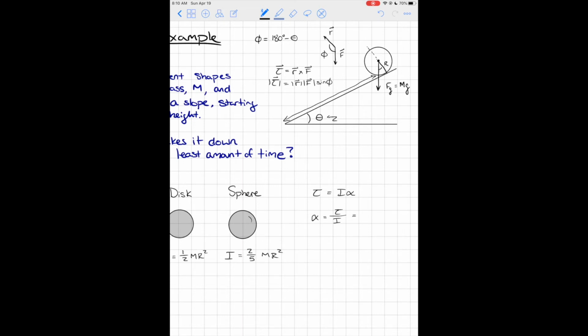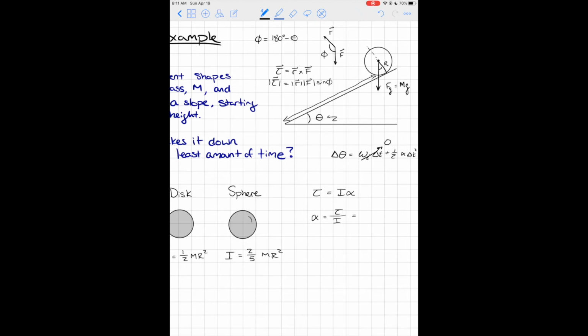But what I'm saying here is that delta theta has to be the same for every single shape since they have the exact same r and the exact same path that they need to roll through. Delta theta is going to equal omega I times delta t plus 1/2 alpha delta t squared. Well, omega I is 0. We're starting from rest at the top of this hill every time.